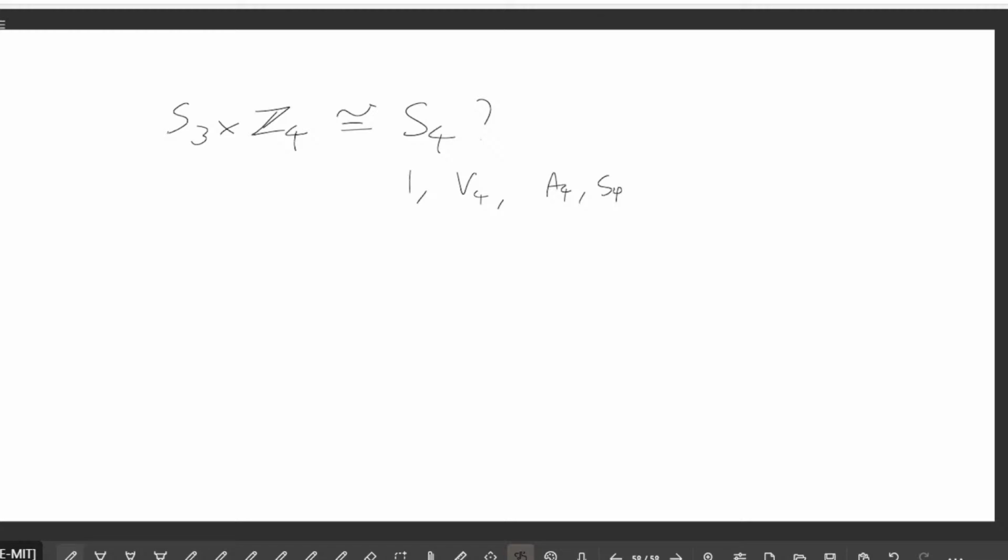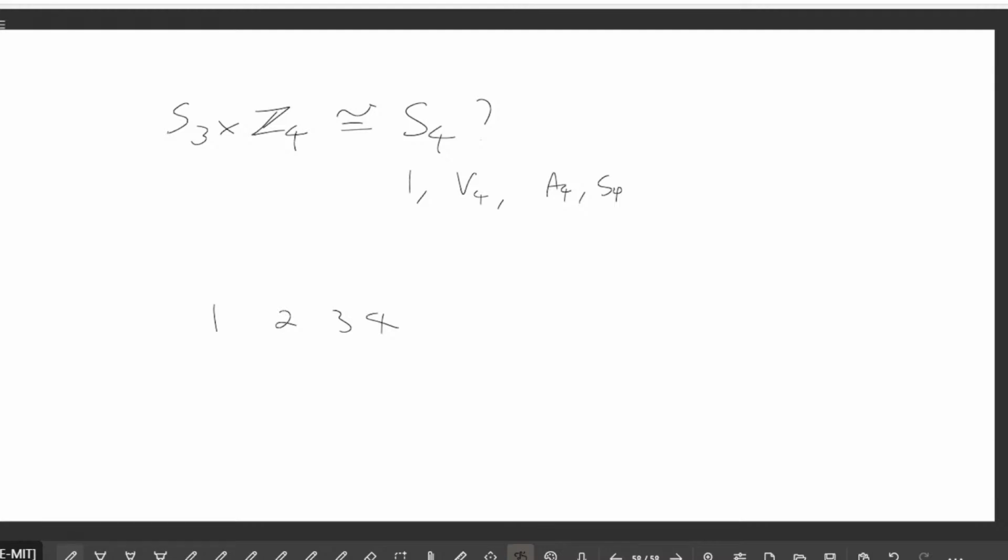In S4, there is no element of order 6. What is the order of a permutation? In terms of the cycle decomposition, it's the LCM of the cycle lengths. In S4 you have only 4 points on which you can permute, so whatever cycle you construct, can you get cycle lengths 3 and 2? Can you get 6? Of course not. So then you can't.